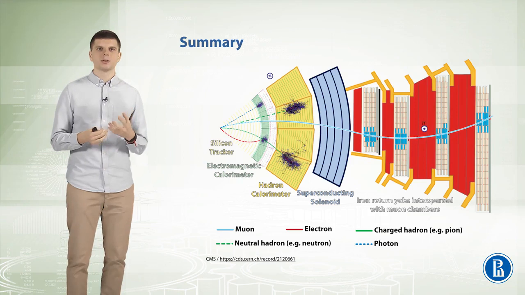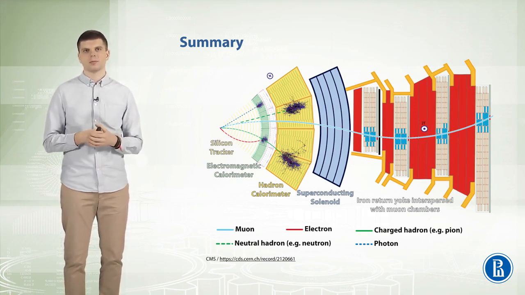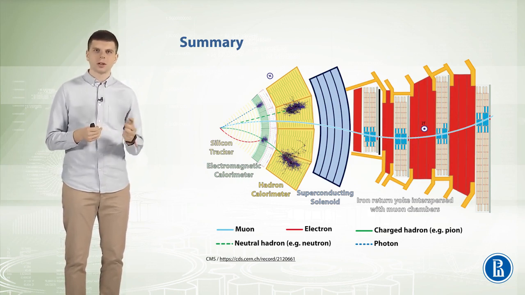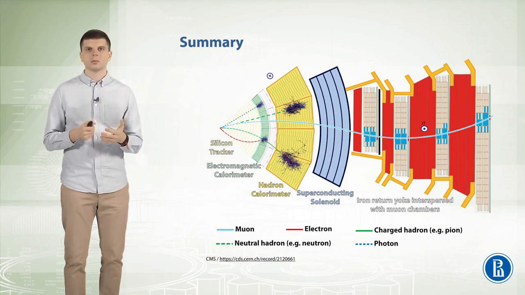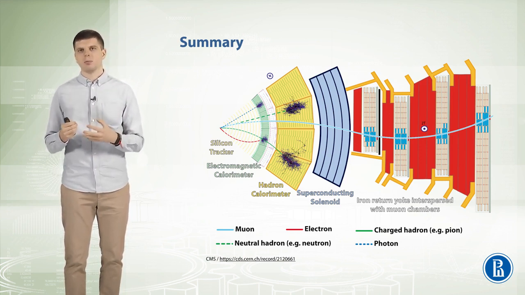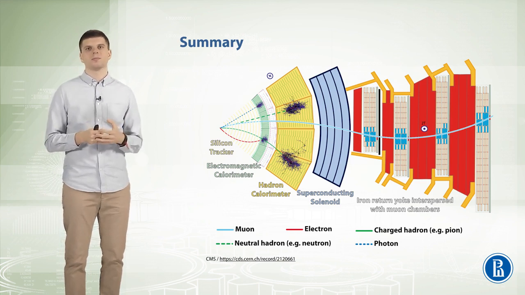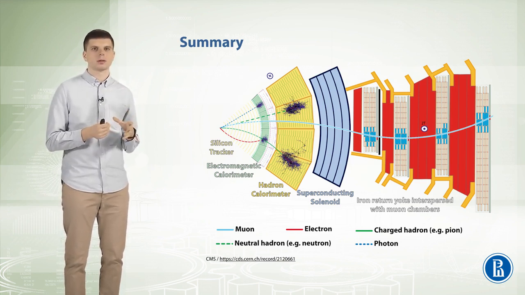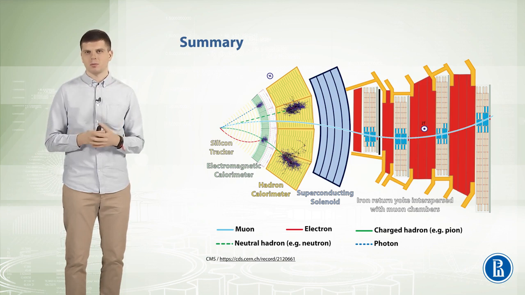We also considered several of the most common detector systems in high-energy physics. The systems are the tracking system, ring imaging Cherenkov detector, electromagnetic and hadron calorimeters, and muon system. All these systems recognize particles, measure their energy and momentum, and identify their types. All charged particles have responses in the tracking system that reconstructs their tracks and measures their momentum values.